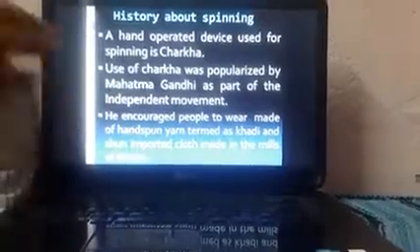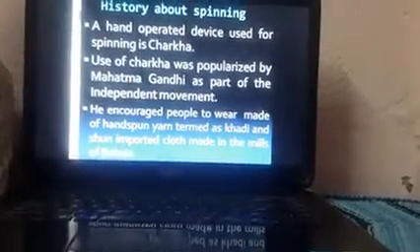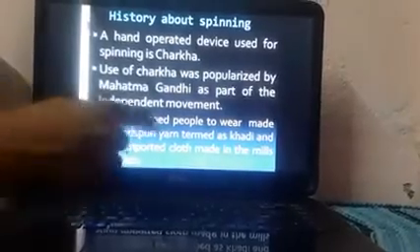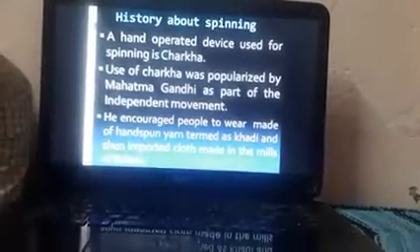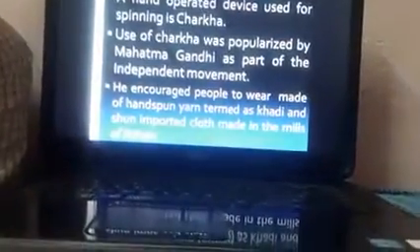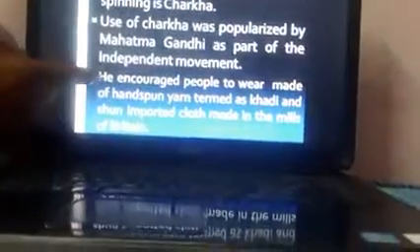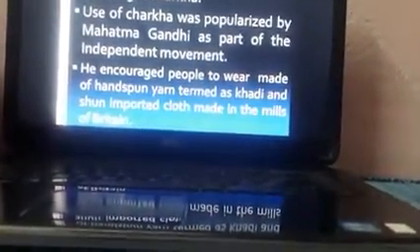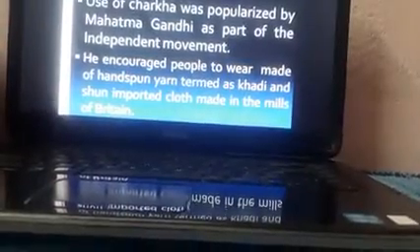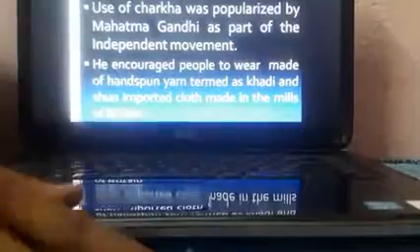He encouraged people to wear cloth made of handspun yarn, termed as khadi. The cloth prepared using handspun yarn is known as khadi, and nowadays khadi is also available in the market.